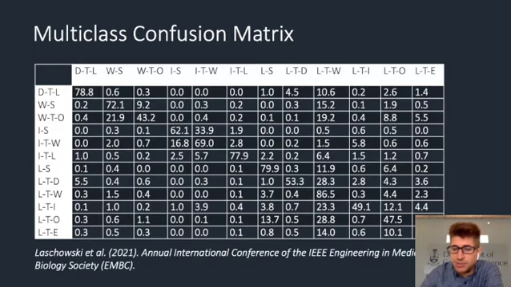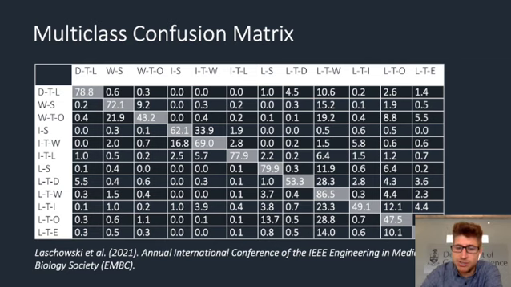Now, as an example, here is the resulting multi-class confusion matrix for one of those deep learning models during inference on the test set. Here, the columns and rows are the predicted and labeled classes respectively, and the diagonal elements are the prediction accuracies for each environment class.